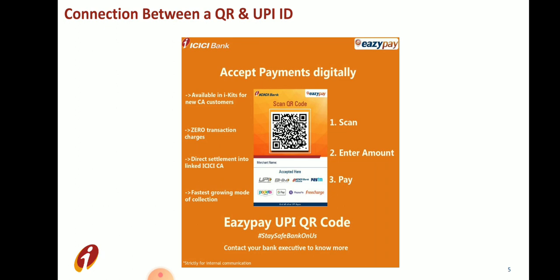For creating P2P UPI IDs, we take an offline request. Only P2M IDs are created through the EasyPay or InstaBuzz app, and the apps have inbuilt technology to create a QR code. In the next session we will cover how we create a QR code when we have created the P2M offline and not through the app.